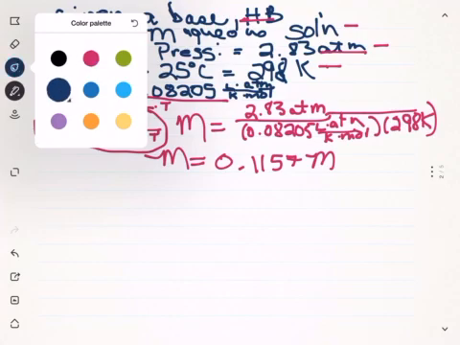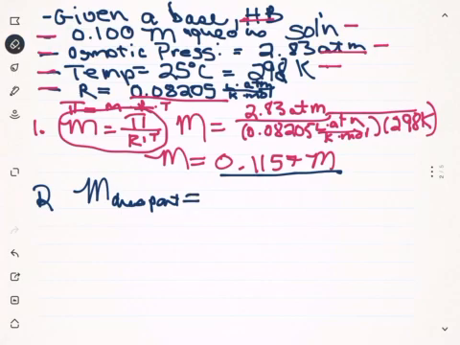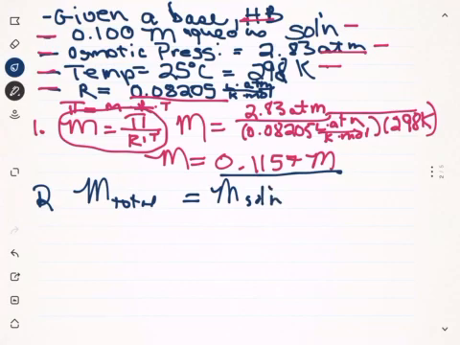Okay, let's do the second step. For the second step, that one's pretty easy. We are going to use this value, which is our molarity of our dissociated particles and non-dissociated particles, equals, in fact, I should just write molarity total equals the molarity of our solution plus X, and that's our dissociated particles.